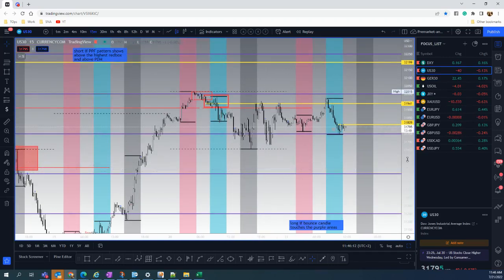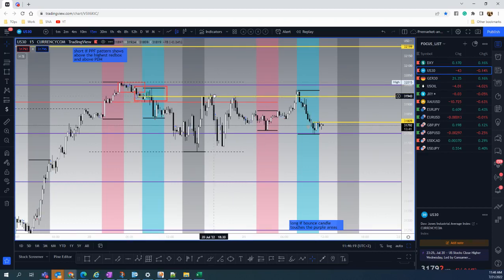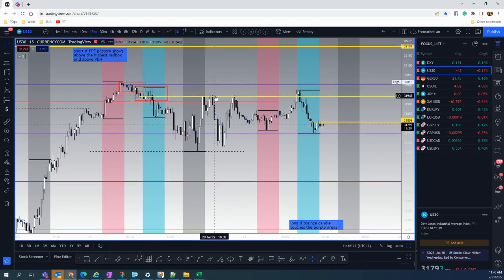So for example, what happened here with US 30 is that after hitting the US session high, the previous US session high, as you can see, we created an engulfing bearish candle.